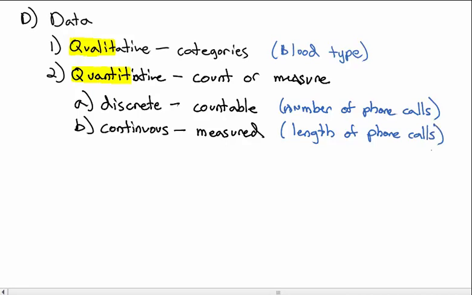Because you could have a phone call that is 7.289 minutes. You can get all those in-between values because time is continuous. We can have any amount of time we want, any decimal, any fraction, any whole number. That's continuous. Discrete number of phone calls, we can only have integer phone calls, actually natural numbers, because you can't even have negative. 7, 8, 9, 10. You're not going to have the in-betweens.